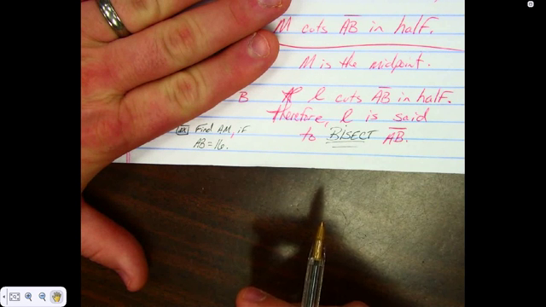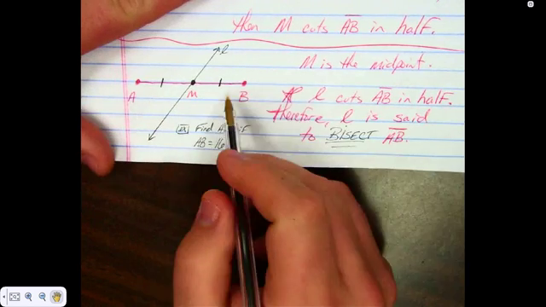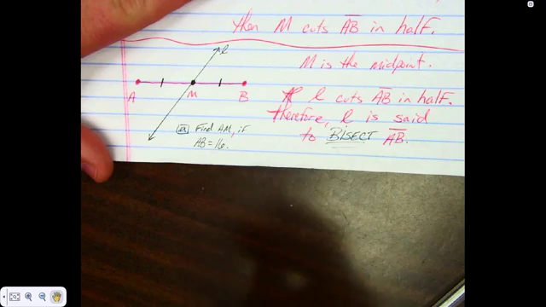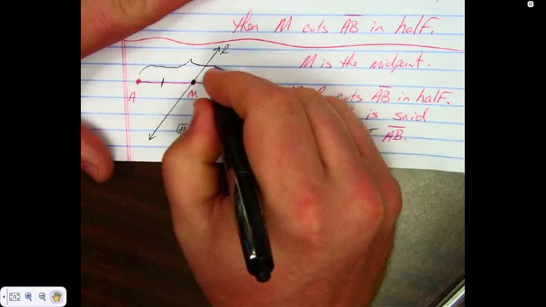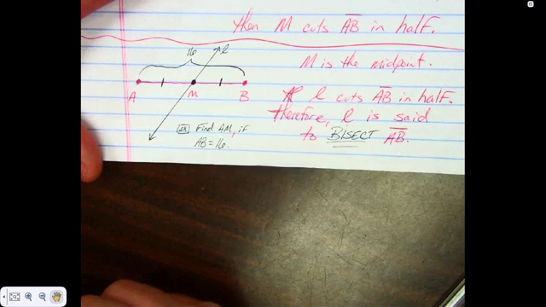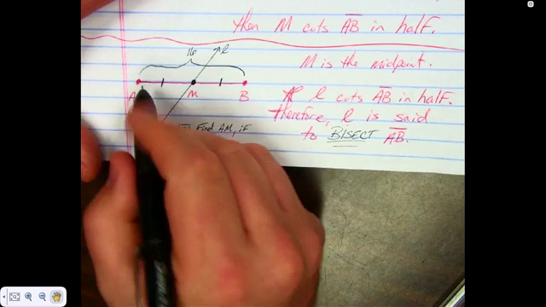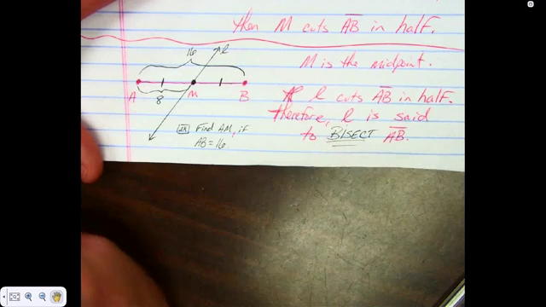It wouldn't. But with this picture labeled the way it is, if I say AB is 16, and that whole thing is 16, so what would A to M be now? 8. See how easy that was?